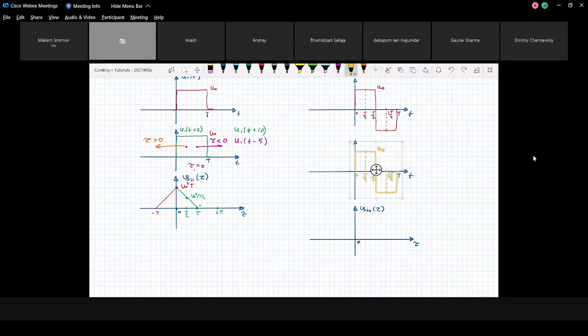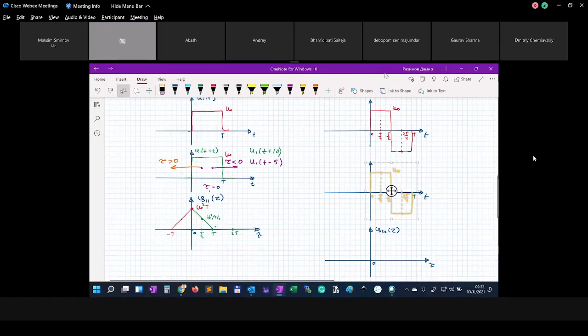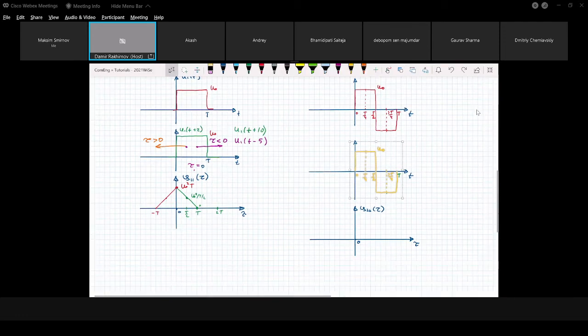No, it's not 0. I think we have also some answers in the chat. u0 squared times t by 4? No, it's also not correct. Yeah, u0 squared by t. Yes, exactly. So the answer will be exactly the same as you see on the left side.